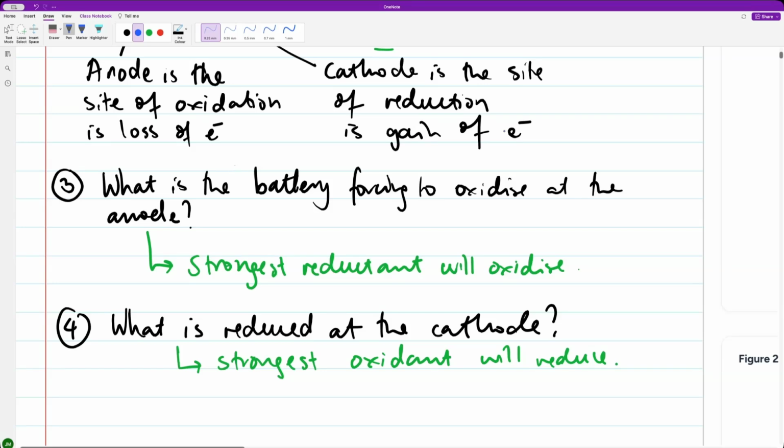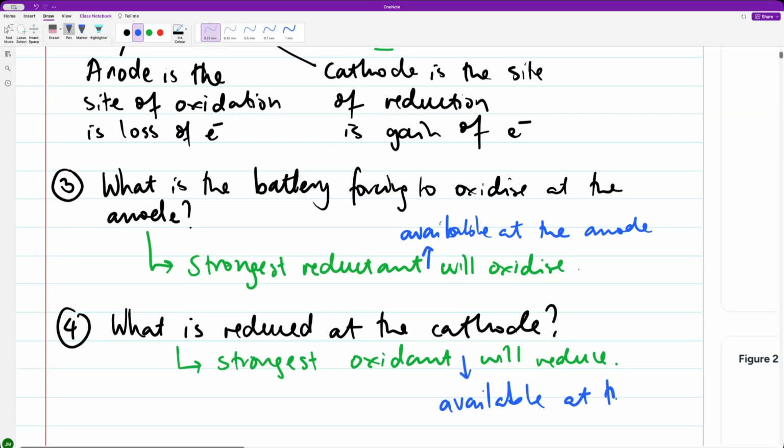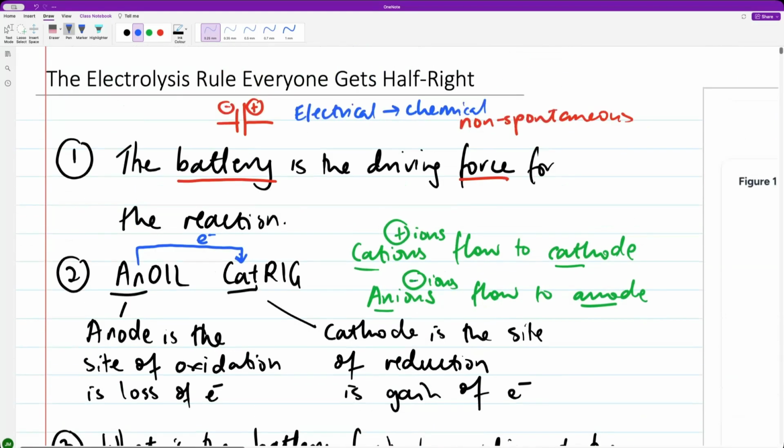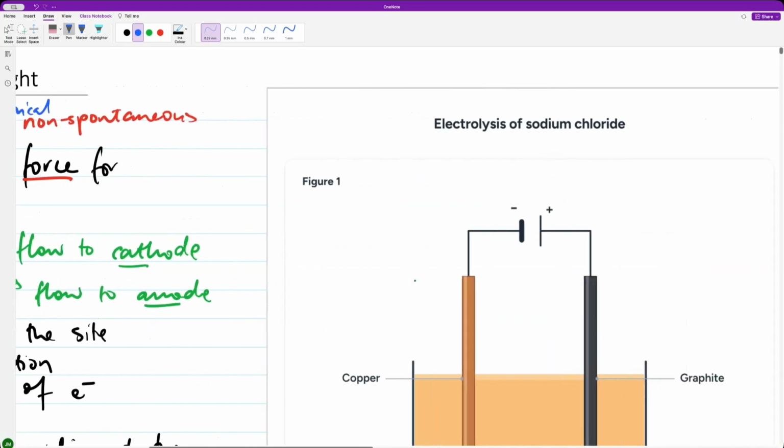So the strongest reductant will oxidize, but it's not just any reductant, it's the one that is available at the anode. The strongest reductant available at the anode will oxidize, and the strongest oxidant available at the cathode will reduce. Now we want to apply these rules to some scenarios.